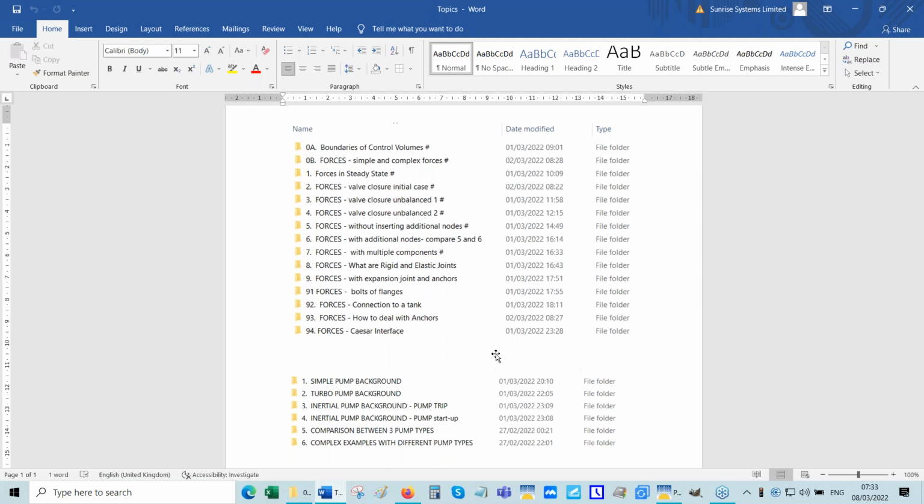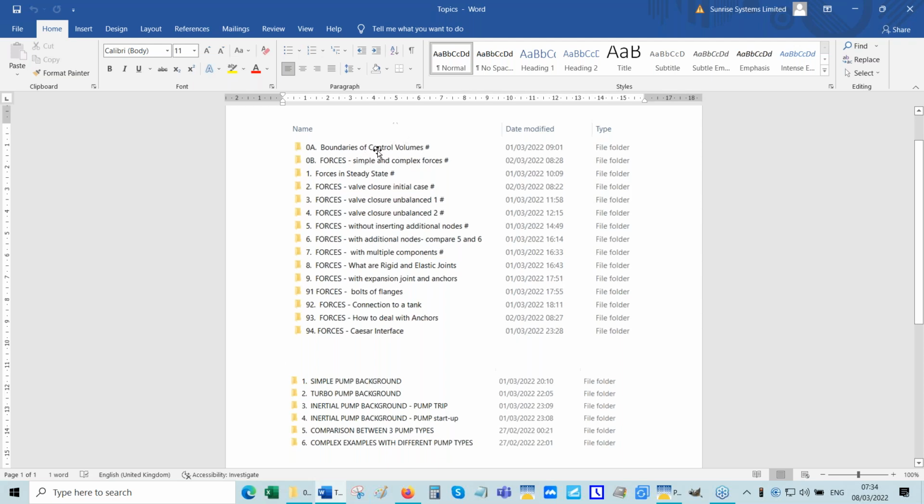The PIPENET user will have to work in conjunction with the pipe stress engineer to decide what forces you would like to calculate. PIPENET is very, very flexible when it comes to defining the forces, and the forces are defined by what are called control volumes.